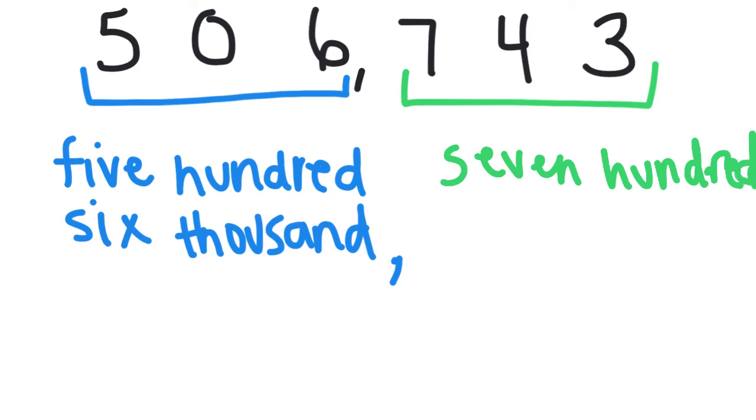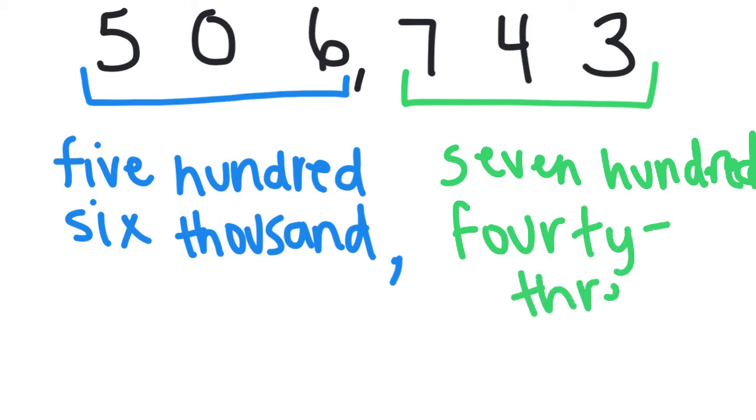There we go. 43. So if we put together our before comma and after comma, this word form number would read as 506,743. So now you know word form, expanded form, and standard form.